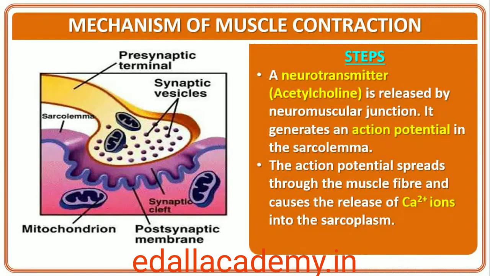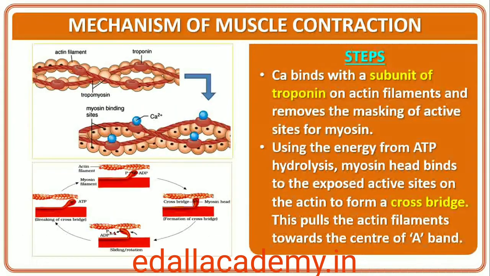This spreads through the muscle fiber and causes the release of calcium ions into the sarcoplasm. Increase in Ca++ level leads to the binding of calcium with a subunit of troponin on actin filaments and thereby removes the masking of active sites for myosin. Utilizing the energy from ATP hydrolysis, the myosin head now binds to the exposed active sites on actin to form a cross bridge.